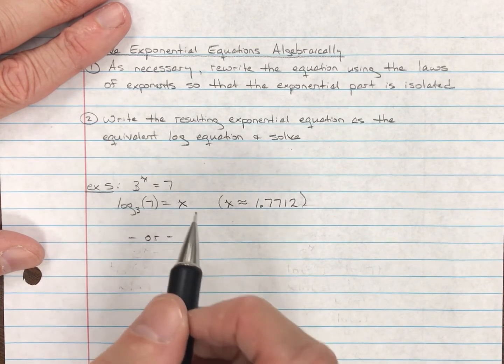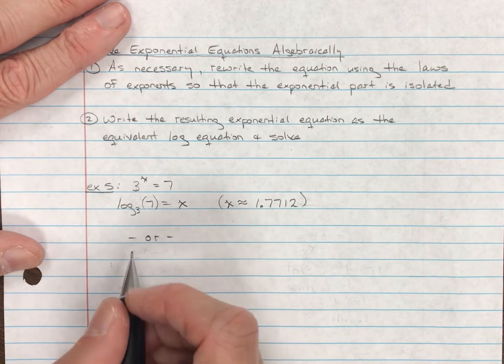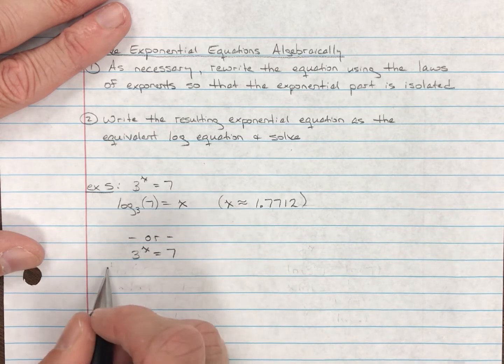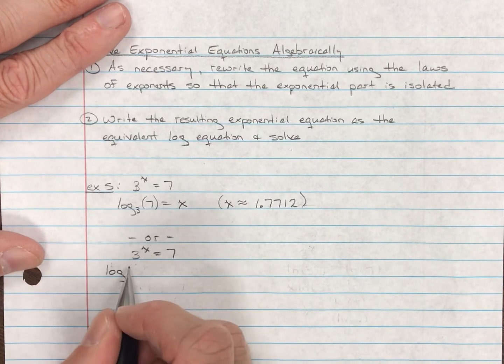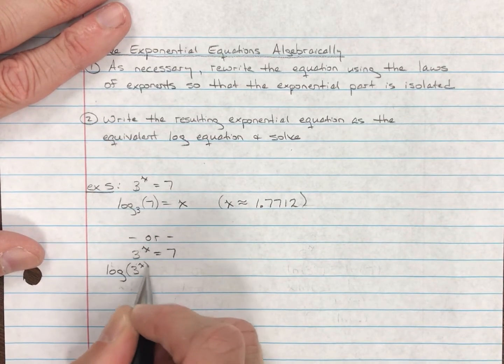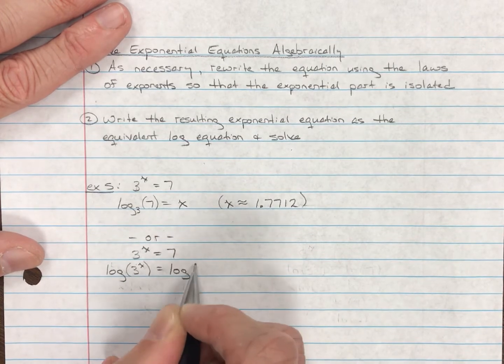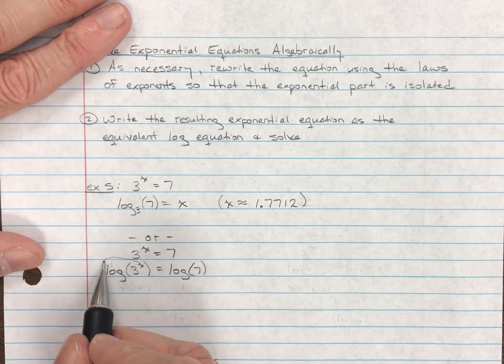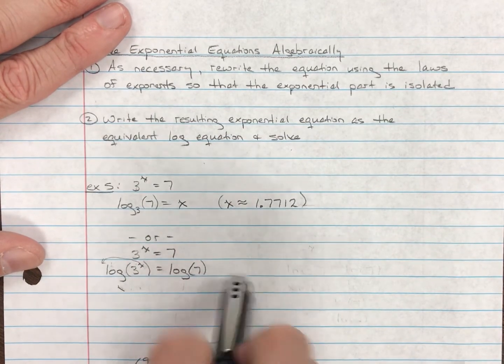So let's do it another way. So I have 3 to the x is equal to 7. I can take the log of the left and the log of the right. Exponent moves in front.